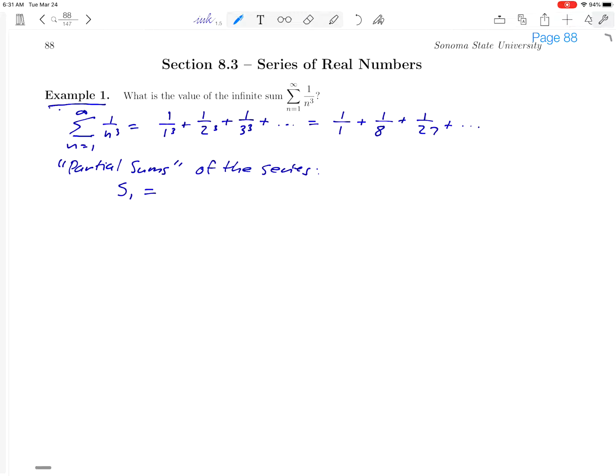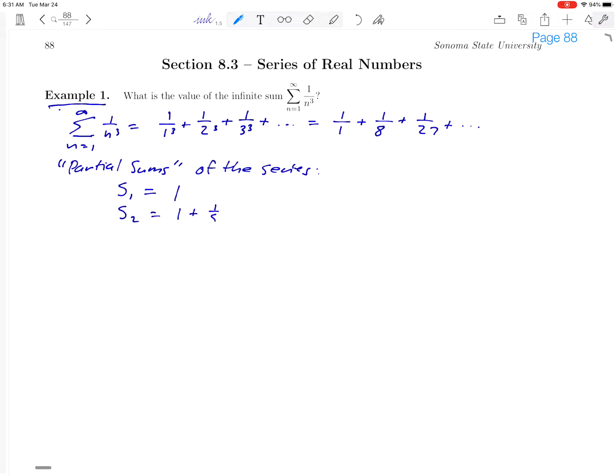So we'll start with what we're going to call S1. That notation just means the sum of the first term in the series. So we're just going to take 1 over 1, that was our first term, and that's it.